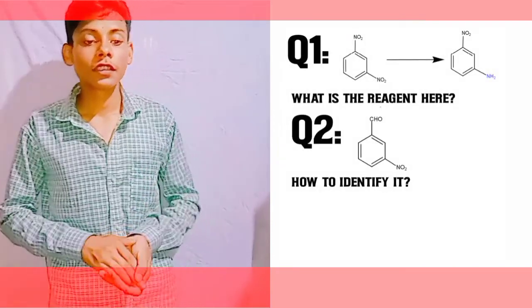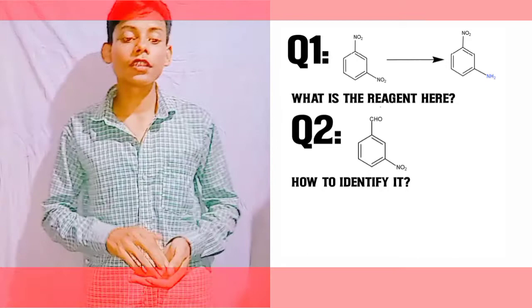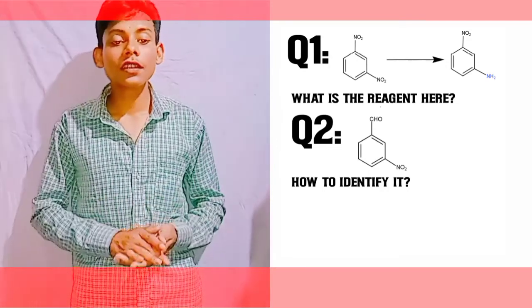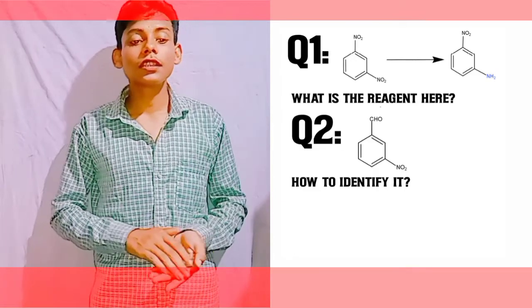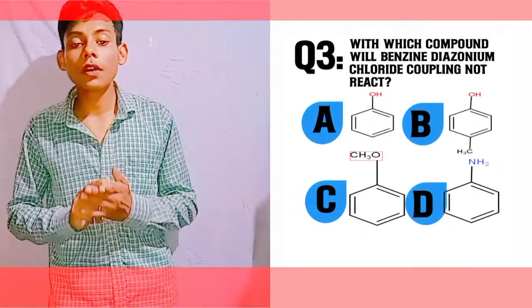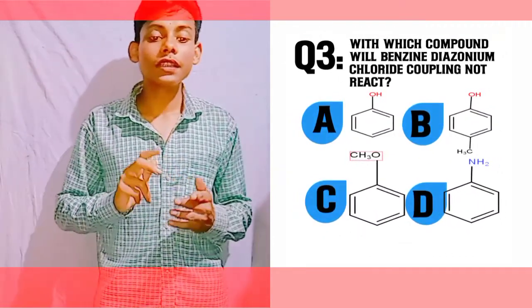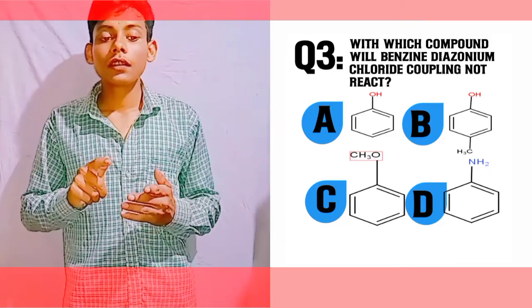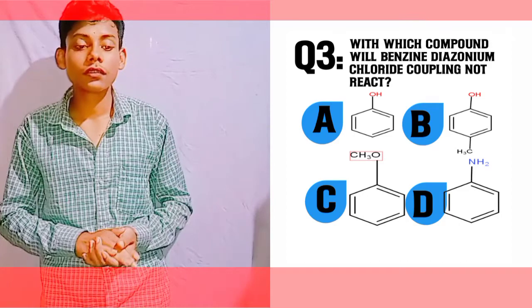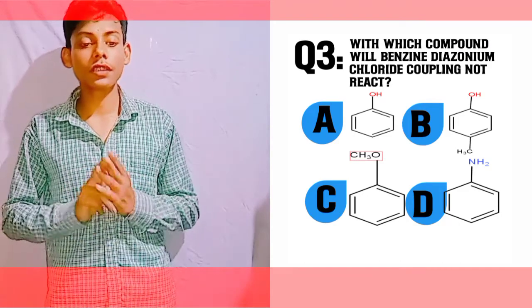First question: what is the reagent here, and second question: how to identify it, and third question: with which compound does benzene diazonium chloride coupling not react?